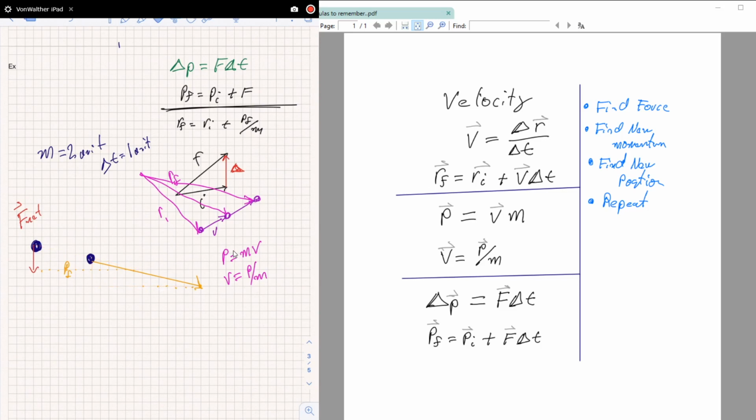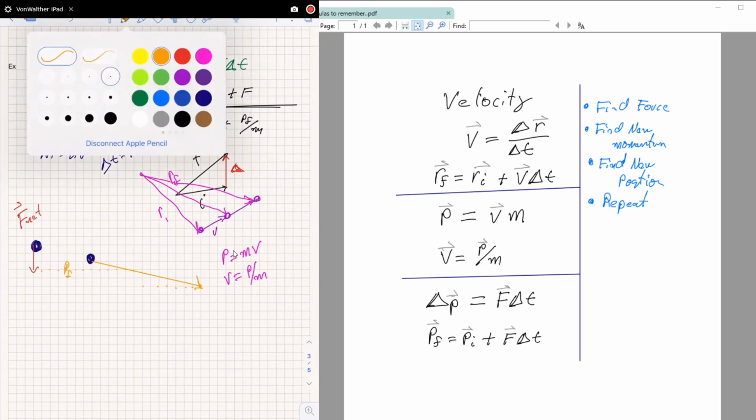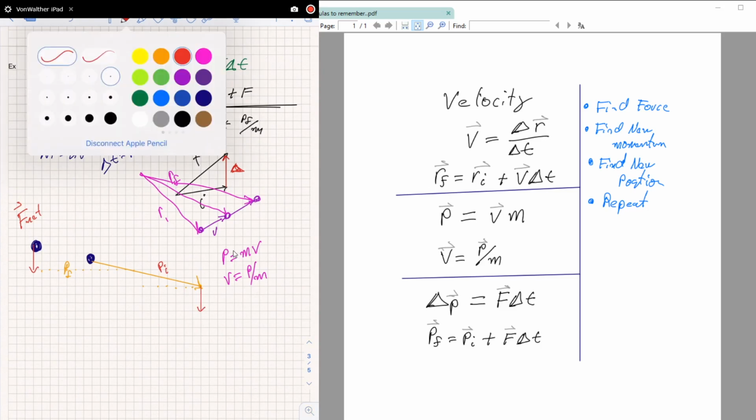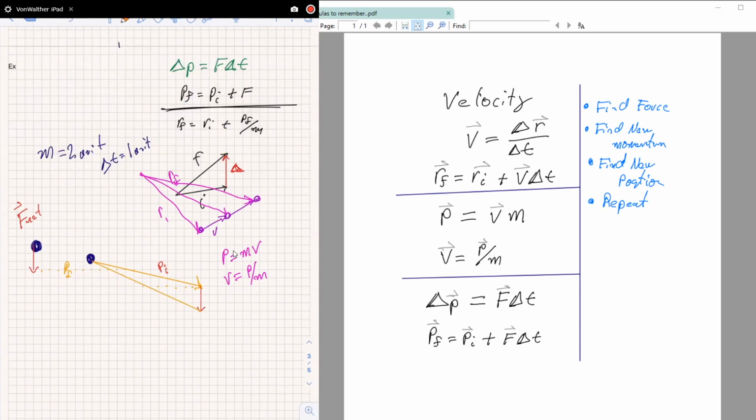All right, let's go another cycle. We're going to assume on all these problems that the same initial net force is a constant. So again, the net force is 3 down in that direction. So here is our old momentum, and that would mean our new momentum is right there.